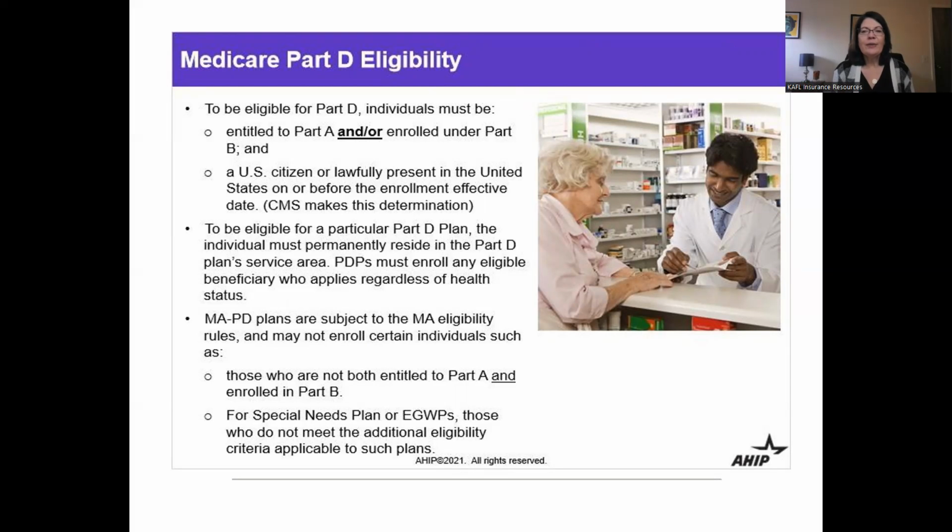There's no health status that needs to be checked. There's no underwriting for the drug plans, nothing like that. And like I said, you have to be entitled to Part A and enrolled in Part B.